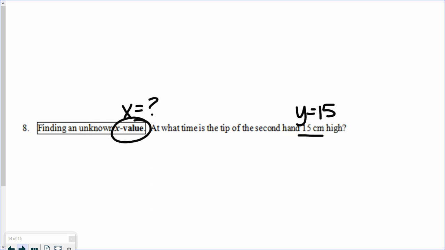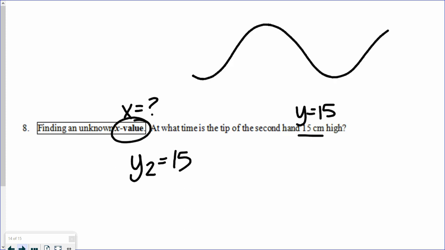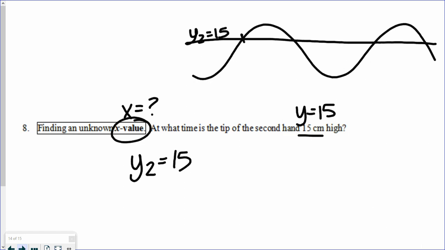If we're given a y value, remember what we can do is substitute into y2. Y2 is equal to 15, and then we can trace the intersection of the graph. But thinking about it, it's going to happen several times. If this is our line, y2 equals 15, it's going to intersect several times.